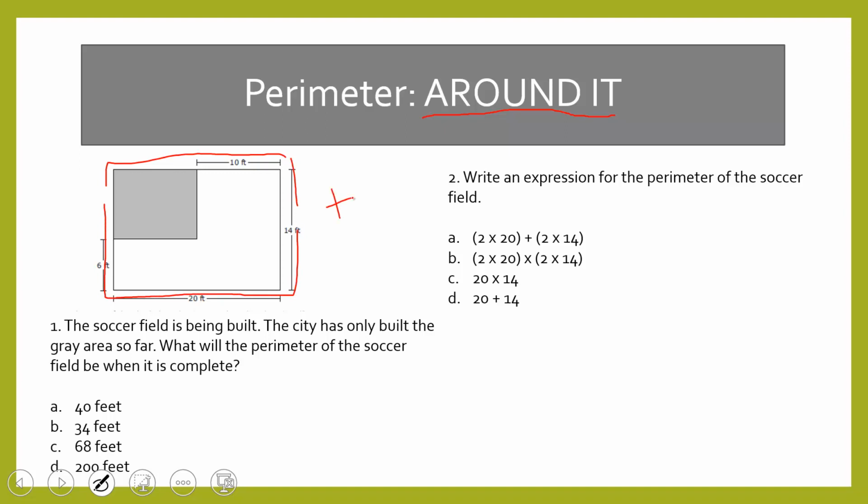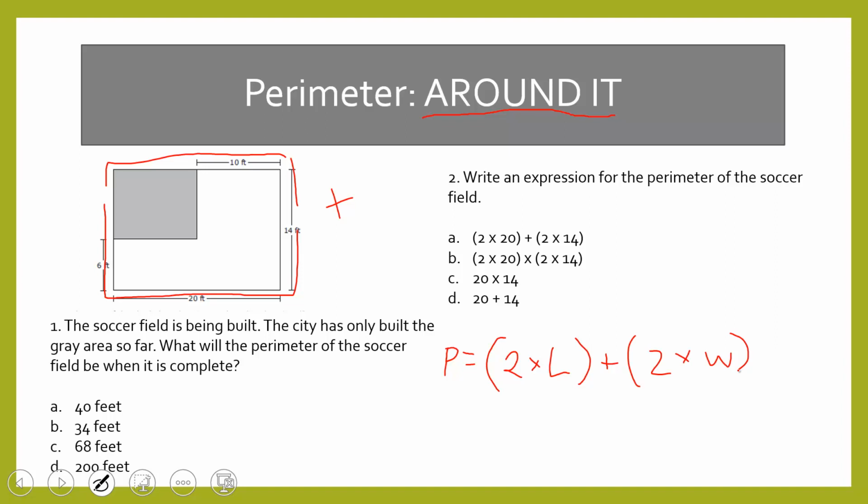On your BFF, however, we like to say P equals 2 times the length plus 2 times the width. Now we just have to figure out what is the length and what is the width. So read number 1 with me.